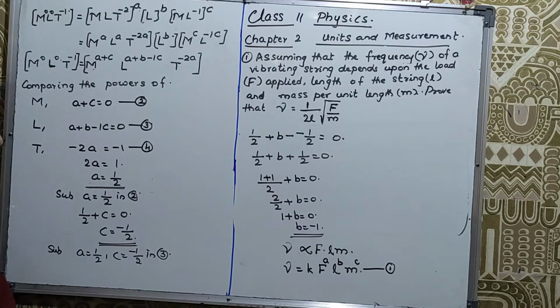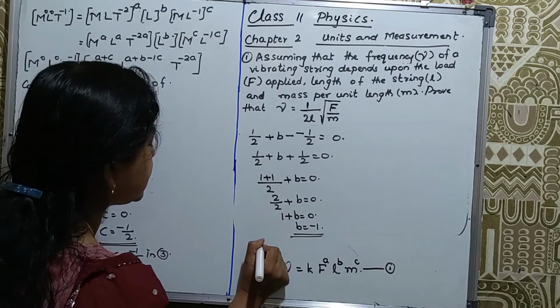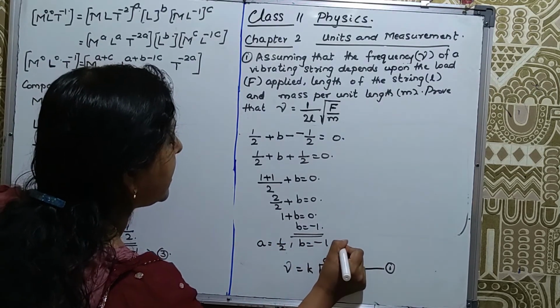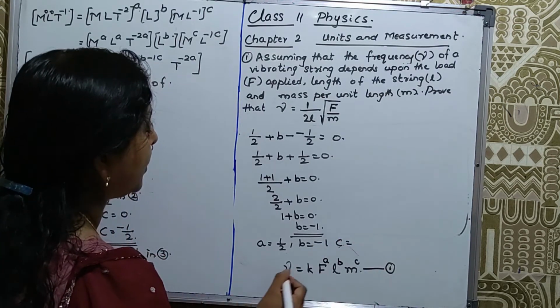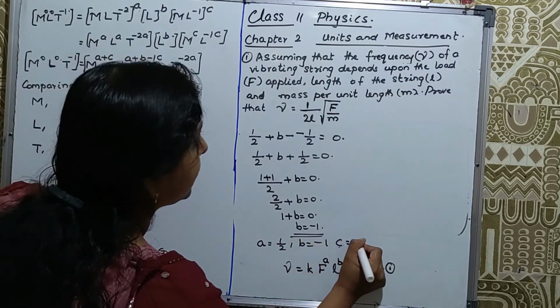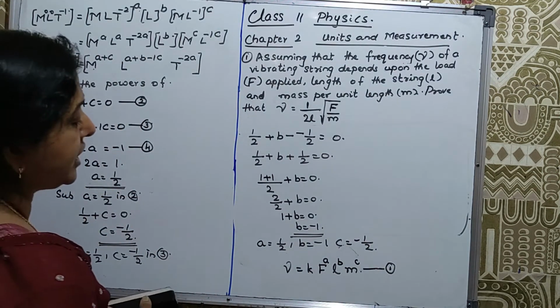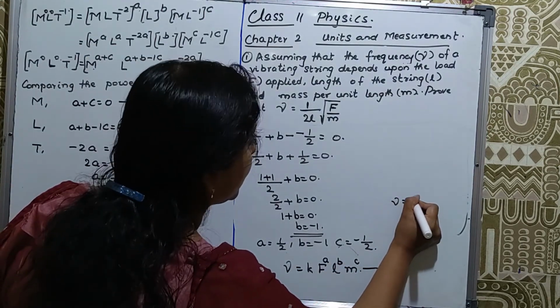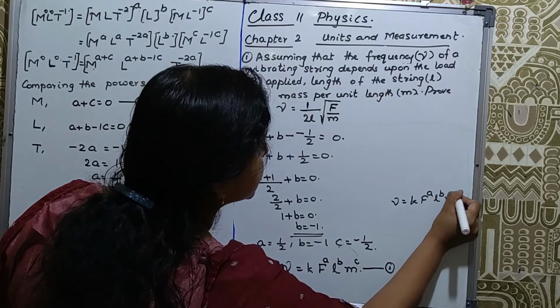Now substituting the value of a, b and c in equation number 1. So a is half, b is minus 1 and c is minus half. Now we are substituting that in equation number 1. Just write equation number 1: nu equal to K into F raised to a, L raised to b, M raised to c.